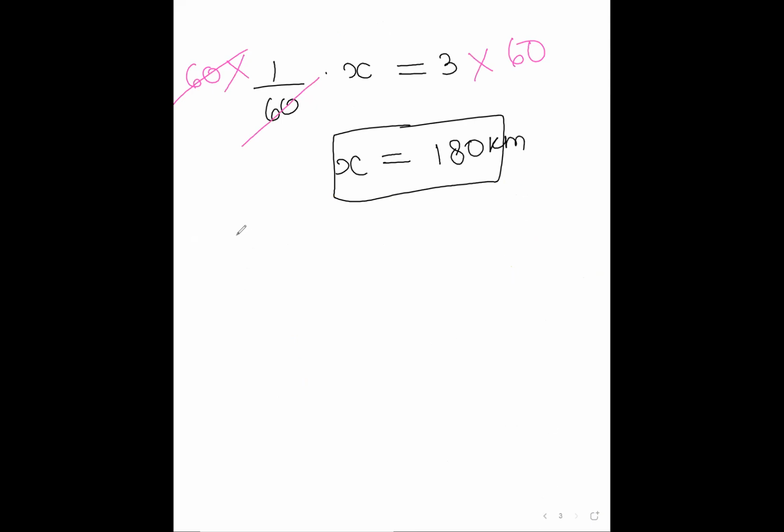Yes, so his total journey was equal to 180 kilometers. Out of 180 kilometers, he traveled 2/5 by train and so on and so forth, and the last 3 kilometers he traveled on foot. So this question is clear, Hiba?